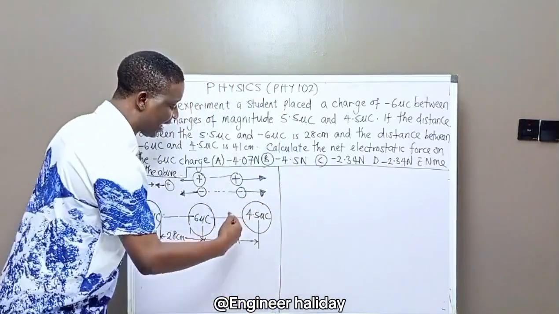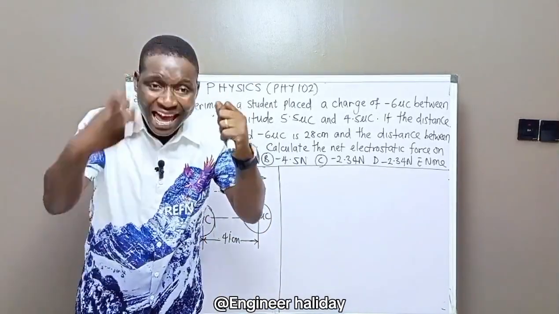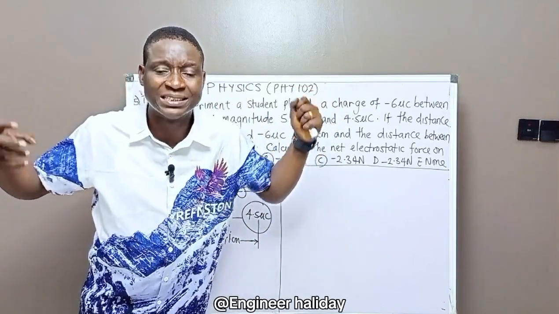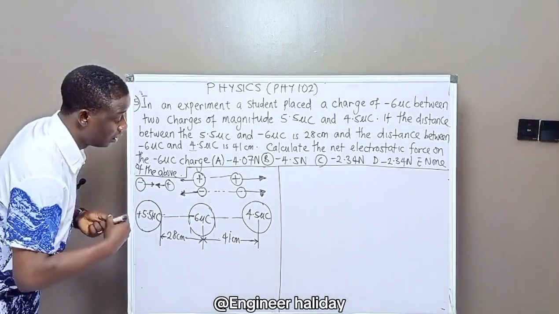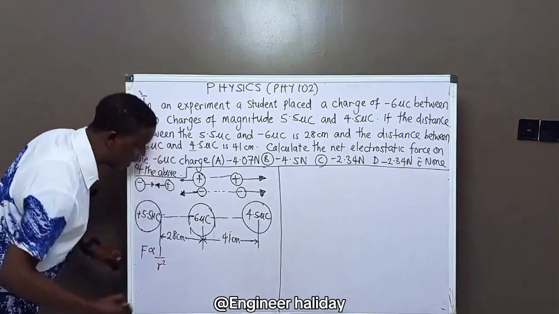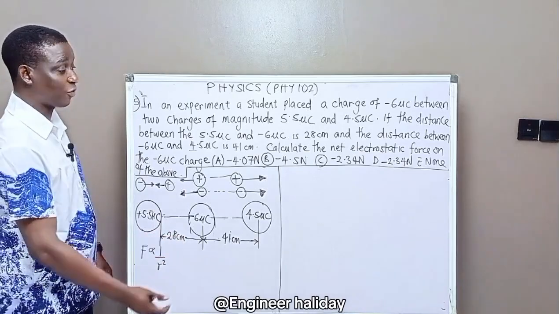The same thing applies to charges. The closer the distance between the two charges, the higher the force, while the farther the distance, the lesser the force. According to Coulomb's law, F is inversely proportional to R squared. Don't forget, that's why some books call it the inverse square law.